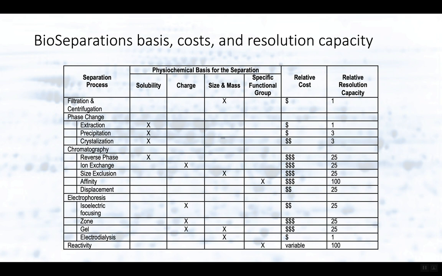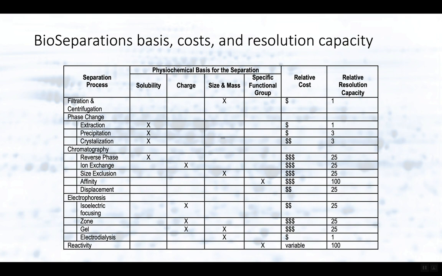Now, electrophoresis. Here it depends on the type of electrophoresis. Isoelectric focusing takes time, so it makes it a little expensive, but you can also get a lot of purification and you can scale it up a fair amount. You can also do isoelectric focusing in a continuous process.